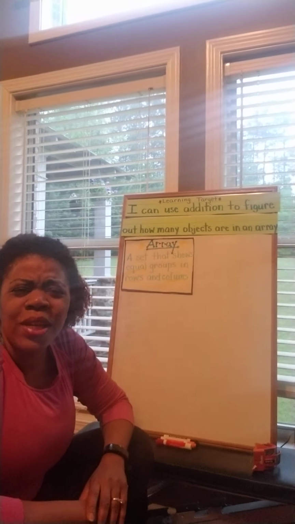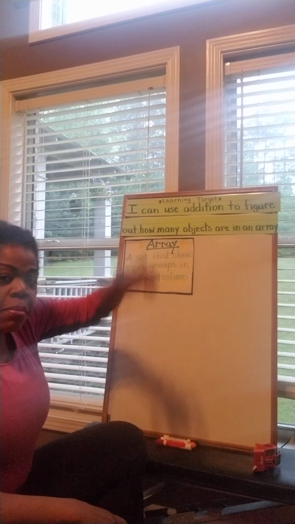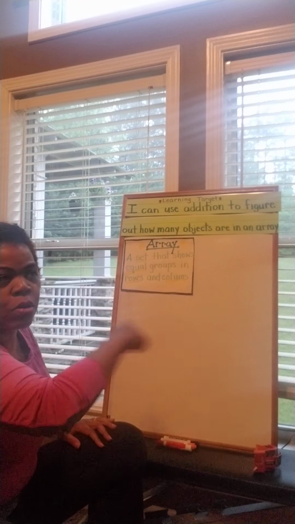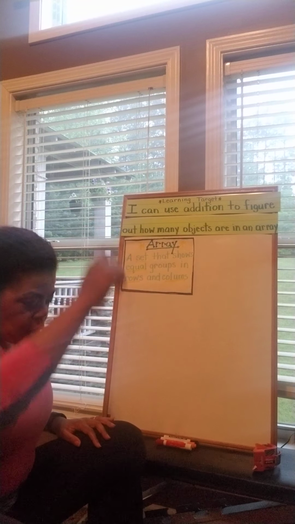I'm not really sure what an array is. An array is a set that shows equal groups in rows. Remember, rows go horizontal, and columns vertical. Say rows are horizontal, columns are vertical.